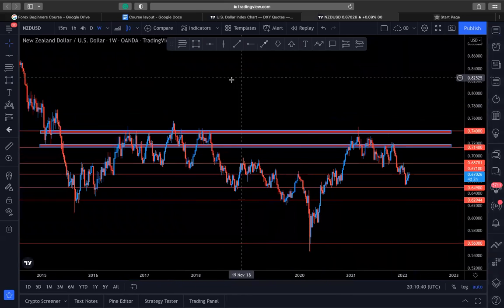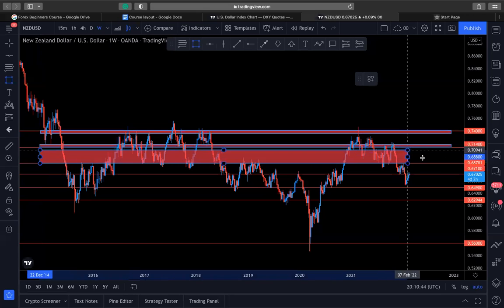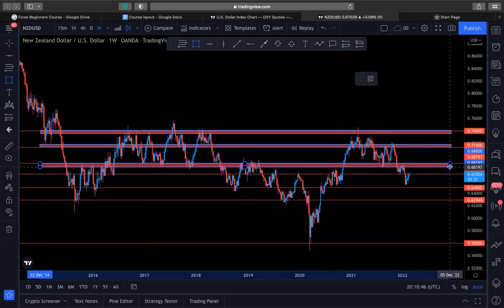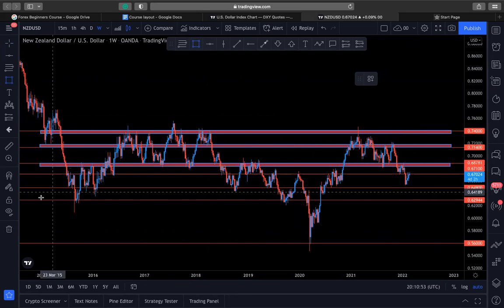Identifying these zones, marking up these zones here, making sure we're capturing price action, capturing these wicks, these bodies.